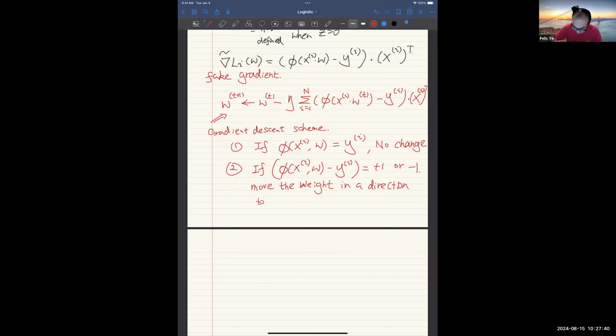So this is the point. This is actually the direction along x_i.